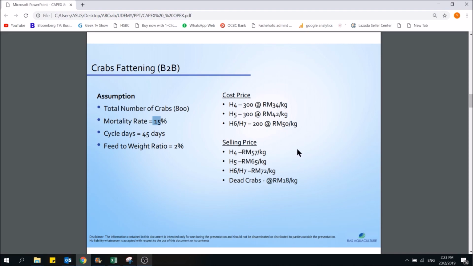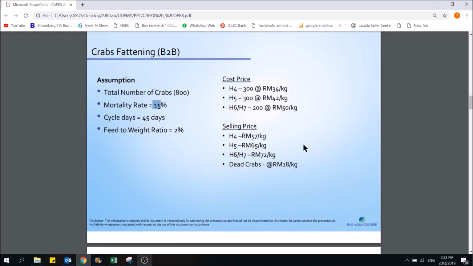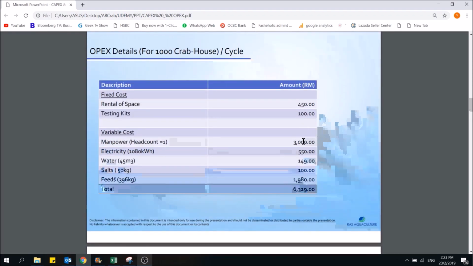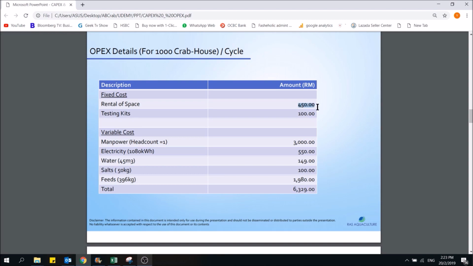And you would see that if I'm running this sort of scenario, the operating cost, the rental, will cost you about 450. Testing kits will cost an additional 100 ringgit per month. Manpower, you'll be hiring one. One person can run up to 2,500 boxes. That's also possible. You just have to feed every day and clean up the boxes. The next will be electricity.